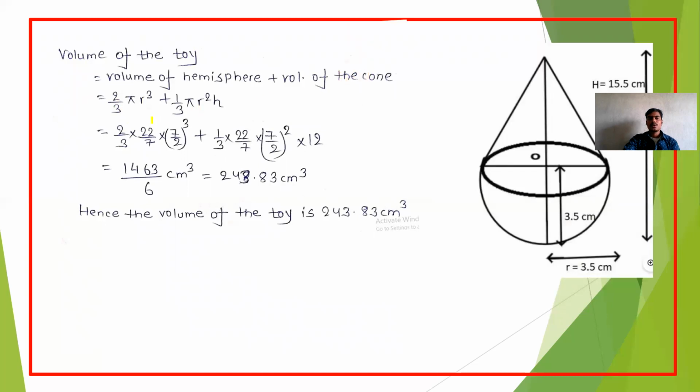What is the volume of cone? 1 by 3 pi r square h. So put the values of r and h, we get the answer 1463 upon 6 centimeter cube, which is equal to 243.83 centimeter cube. Hence the volume of the toy is 243.83 centimeter cube.